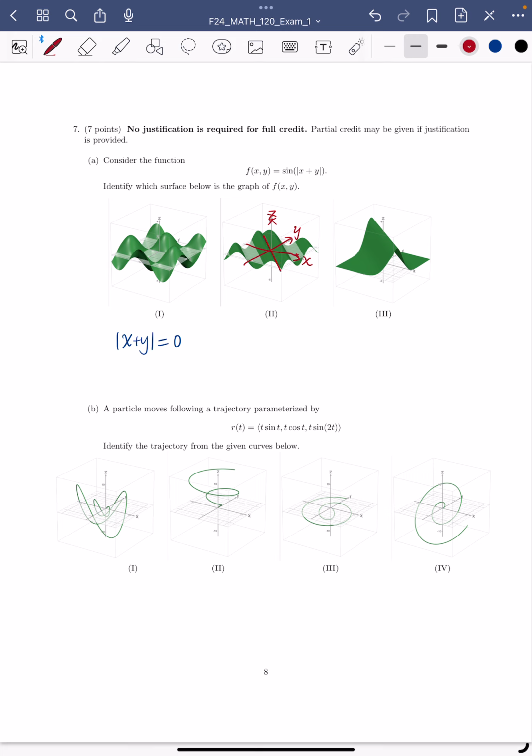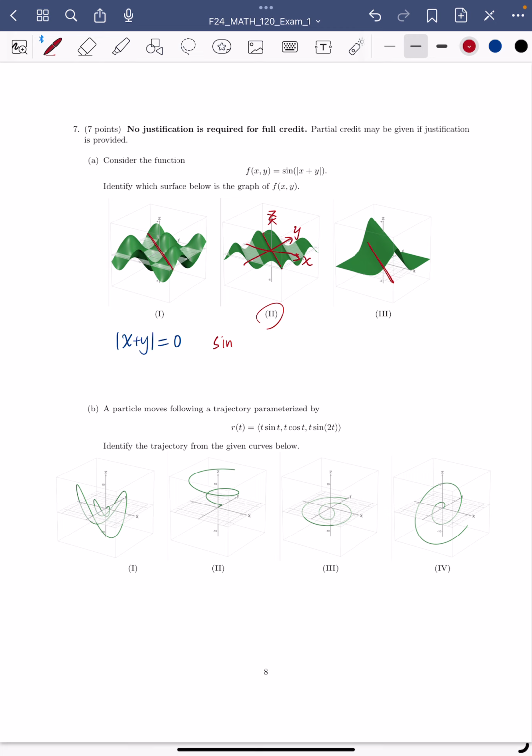Okay. And when that happens, the value is 0. You can see it's indeed 0 for this case. And I don't think we get 0 for the first one. And what about the third one? Okay, it's not 0. So it's probably the second one.